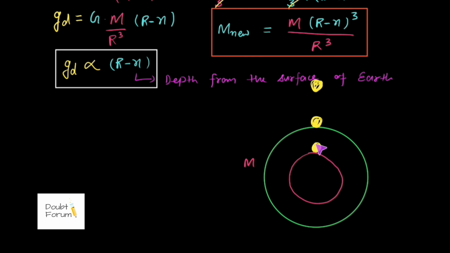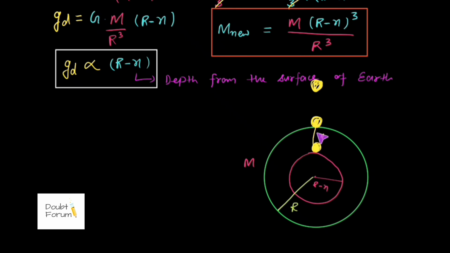So it is obvious that as we move inside the Earth, the mass which was contributing in the gravitational force reduces. The radius of this new sphere was r minus x, because the radius of whole Earth we have assumed to be r, and depth of this object from the surface was x.